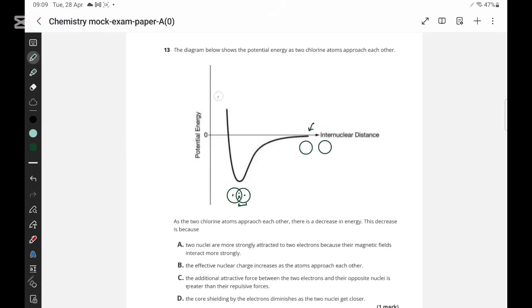The repulsive force is between the two nuclei because they both have positive charge. So here the repulsive force is greater than the attractive force.